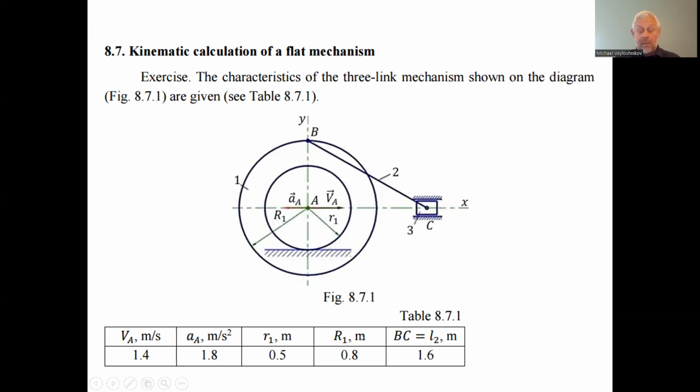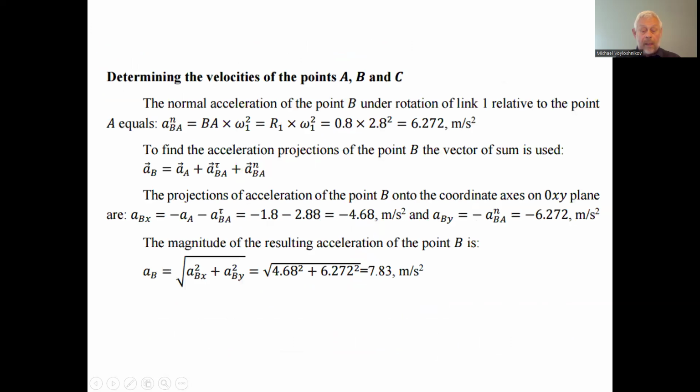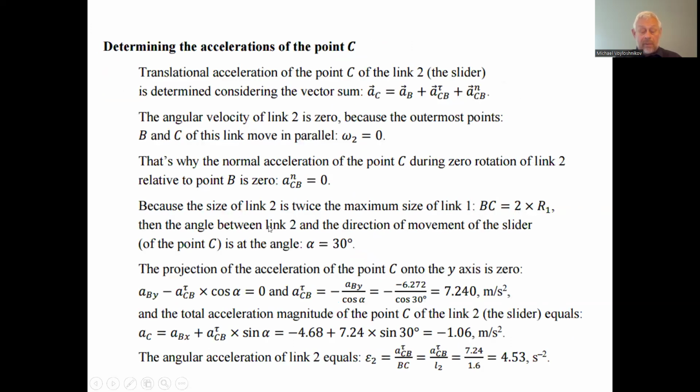So BC is 1.6, and R1, this radius, is only 0.8. So this hypotenuse is twice this one leg. Okay, this is what we talked about. And the instantaneous angle of inclination alpha of the connecting rod is 30 degrees to the horizontal.